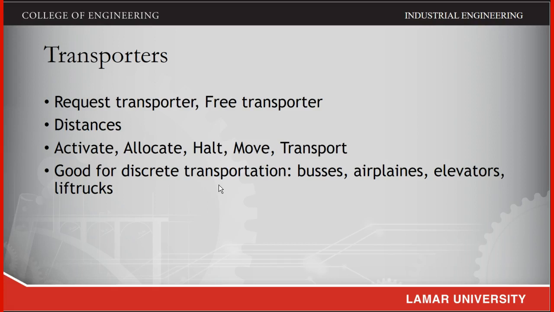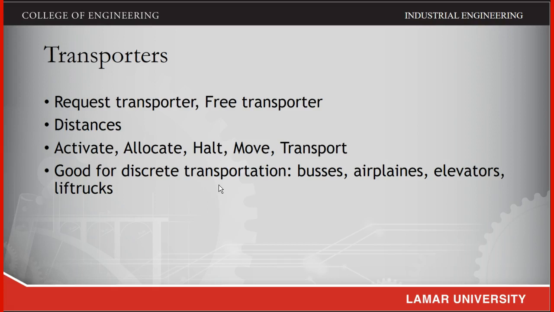One characteristic about the transporter is that we need distances. The distances are a set of definitions for how long the distance is between stations. The transporters will have associated speeds, and the combination of the distances and the speed will allow the simulation to take account of the time it takes to arrive from one place to another.